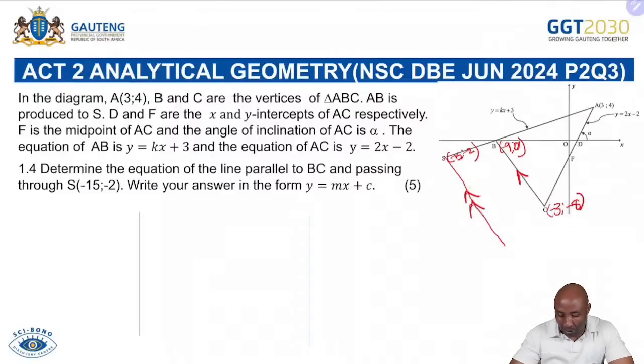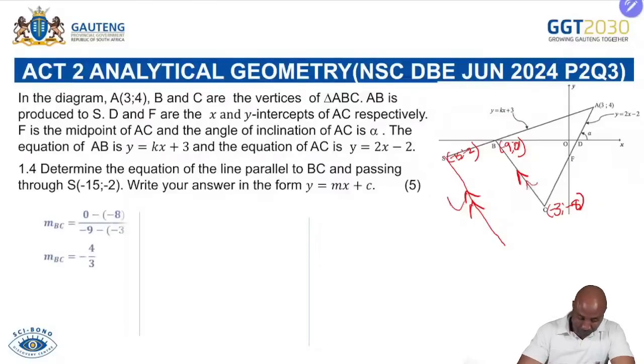So for us to see that, we know that BC is parallel to that particular line. We do not have its gradient, but we only have a point. So to deduce its gradient, we are using the property that parallel lines have equal gradients. So we get the gradient of BC.